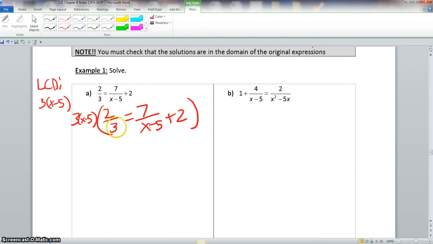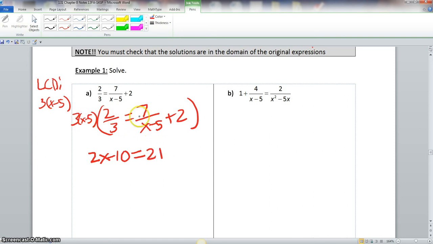Now, we know that these two 3's will simplify each other out, and we will have x minus 5 times 2, which will leave us 2x minus 10. That would take care of this first side of the equation. Now we go here. These x minus 5's would simplify out, and we would be left with 3 times 7, which is 21.